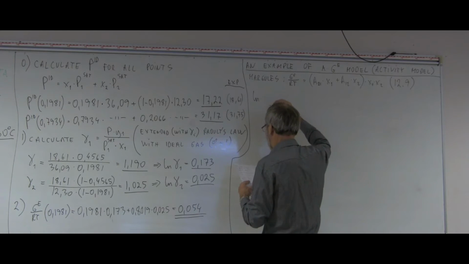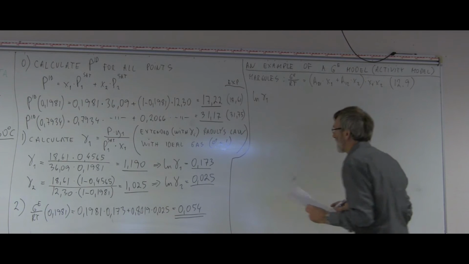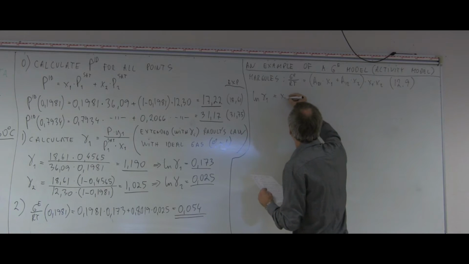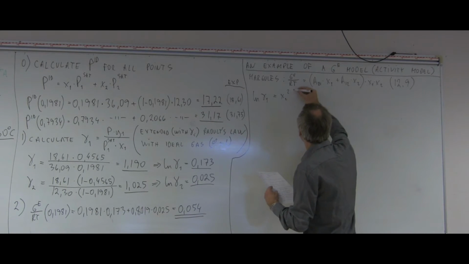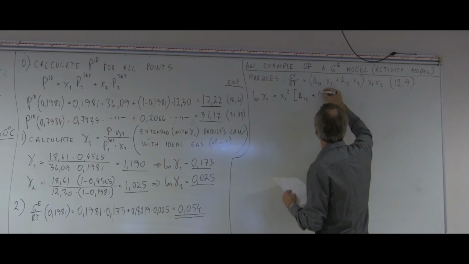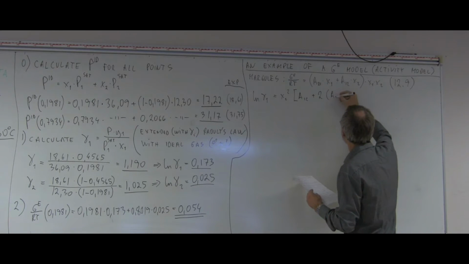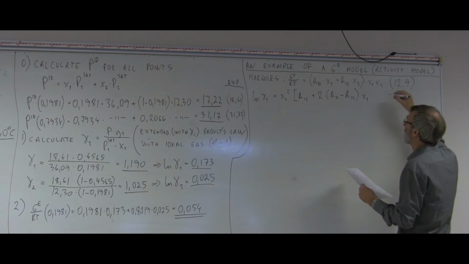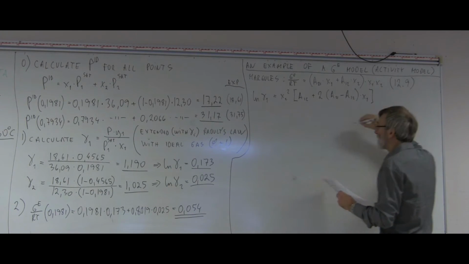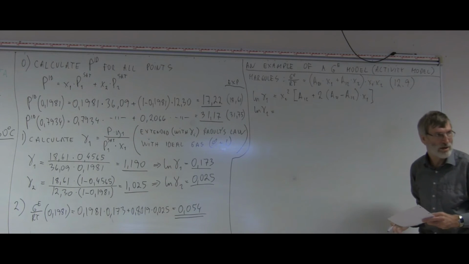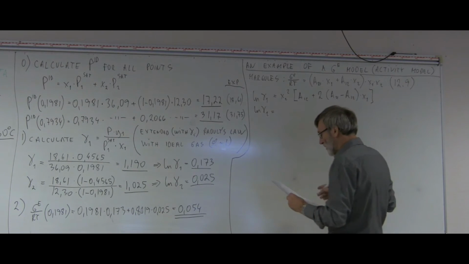And the logarithm of the activity coefficient is then x2 squared times A12 plus 2 times A21 minus A12 times x1, and similarly, it is symmetric for gamma 2.